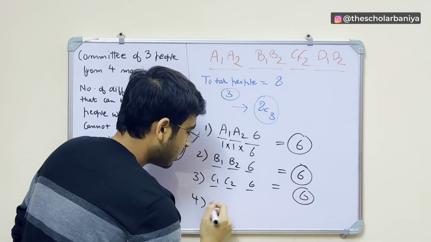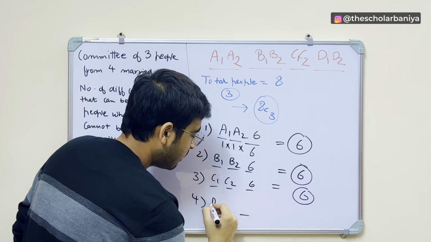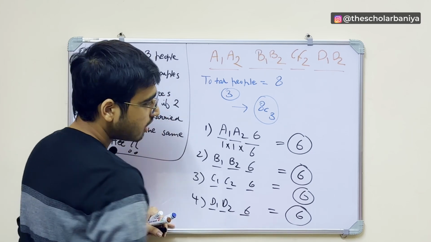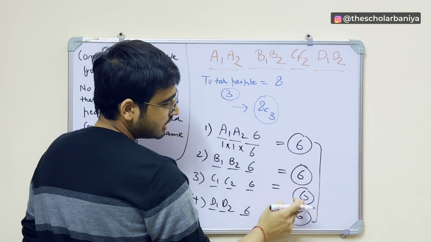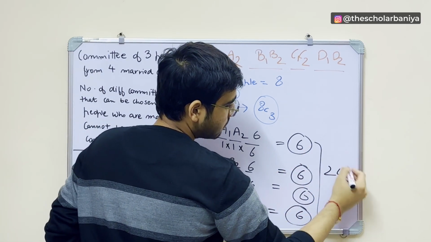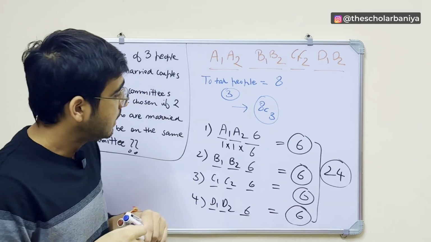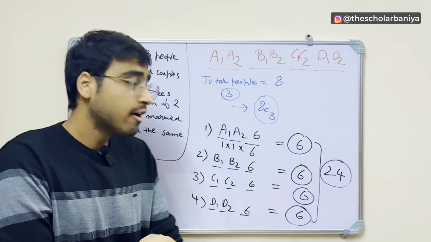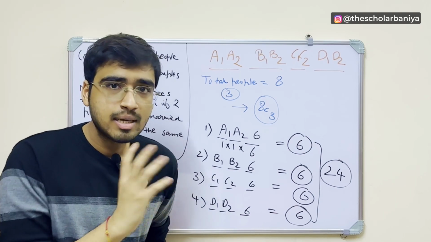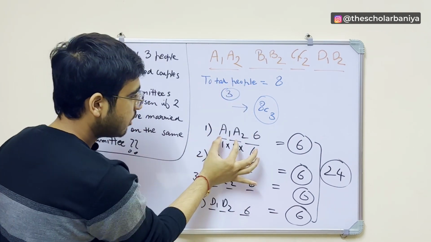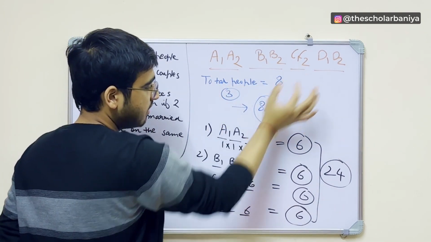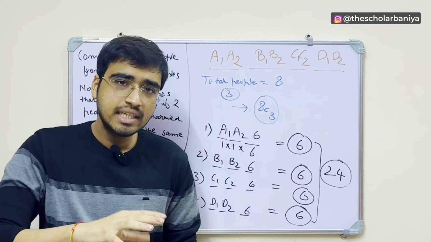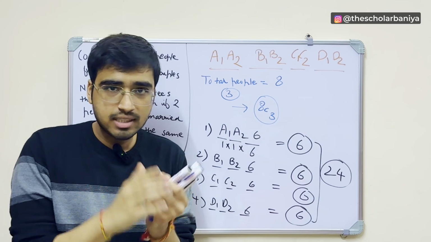And the fourth and last case is D1, D2 and 6. So in total, 6, 6, 6, 6, 24. So 24 is the total number of ways in which a couple is in the same committee.